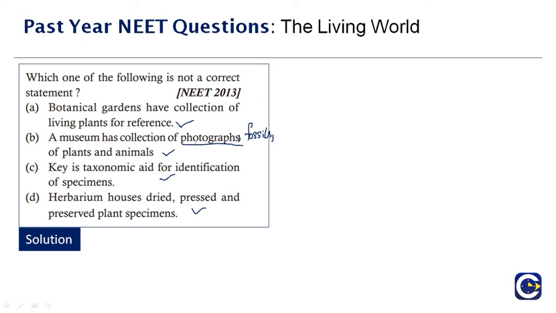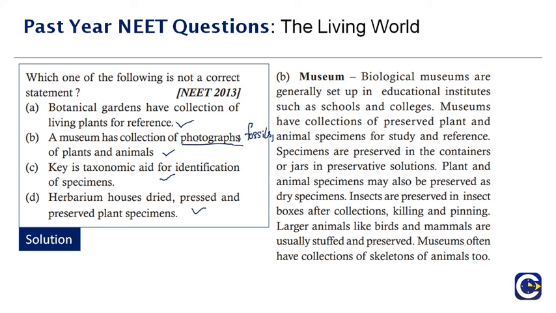Why? A museum is not just a collection of photographs. As you all know, it is a collection of fossils. You have different objects. You have so many other things also in a museum. So the correct answer to this question is option B. Here they have clearly told you what a museum actually contains. Biological museums are generally set up for educational purposes.